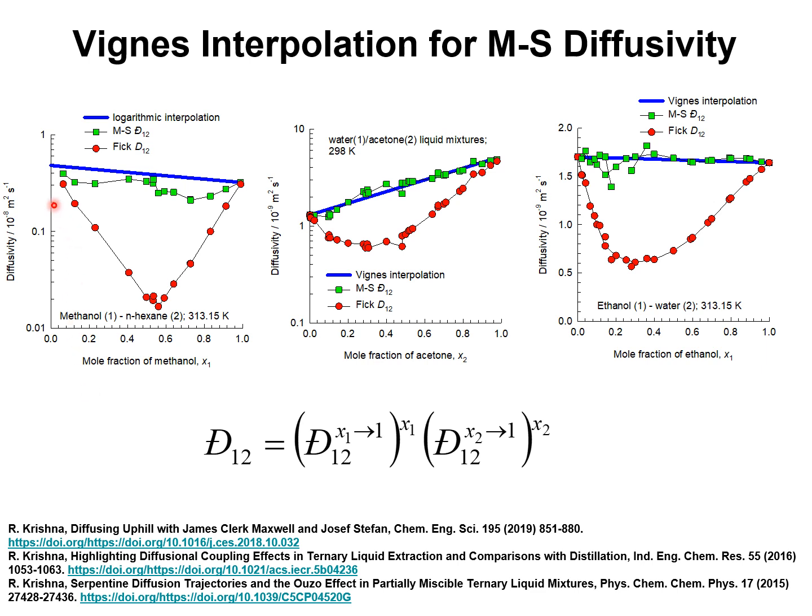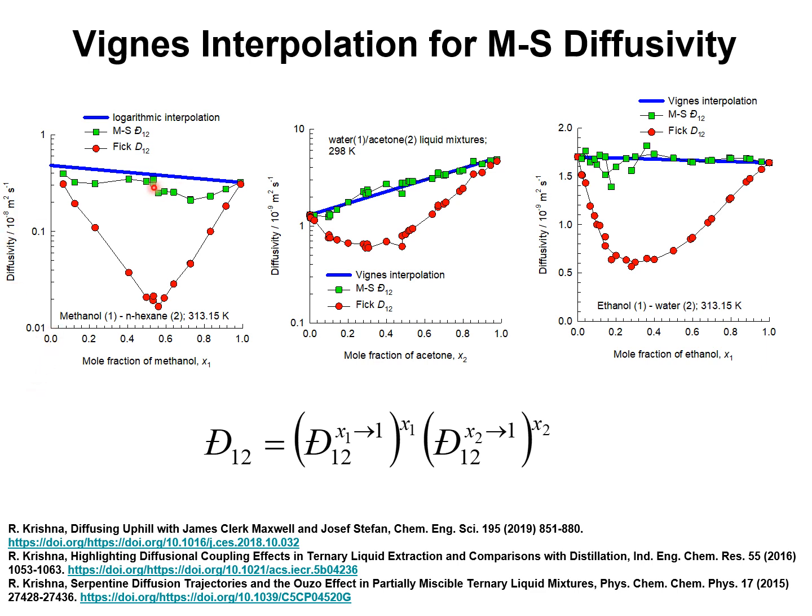may be made at any composition based on the infinite dilution values of the Maxwell-Stefan diffusivities at either end of the composition range. So these are the two diffusivity values of the Maxwell-Stefan diffusivity: D12 at x1 tending to unity, which is this position, and this is the Maxwell-Stefan diffusivity at x2 tending to 1, which is at this point.